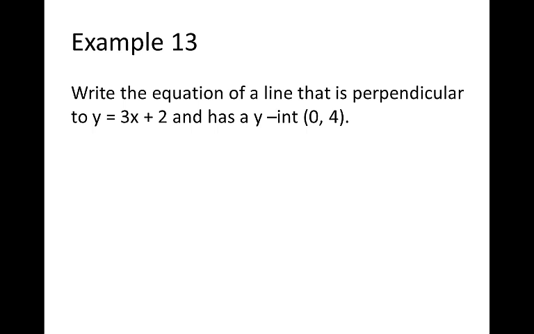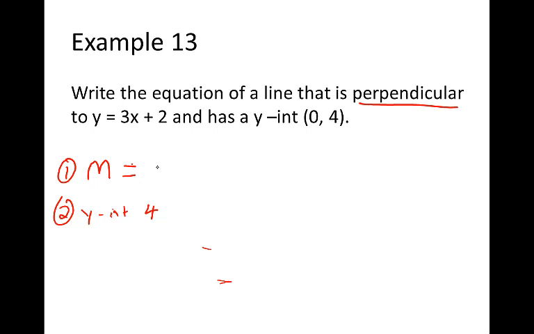Okay, similar question, except this time my line's perpendicular. So again, I need two things, the slope and the y-intercept. So the y-intercept is at 4. What about the slope? My line is perpendicular to this line. This line has a slope of 3, so what's the slope of my line going to be?